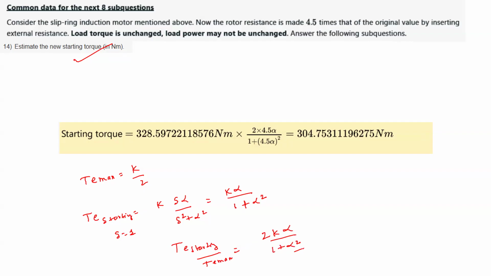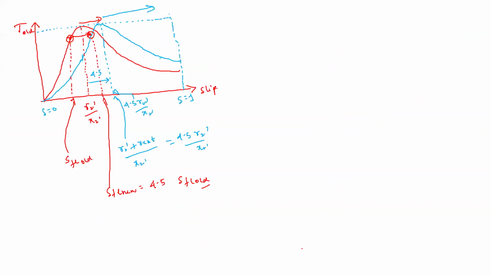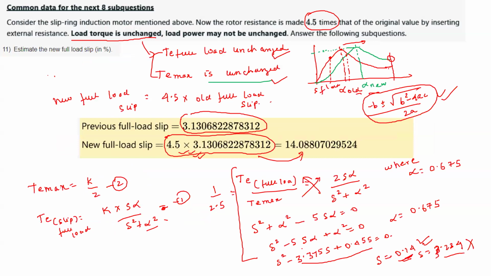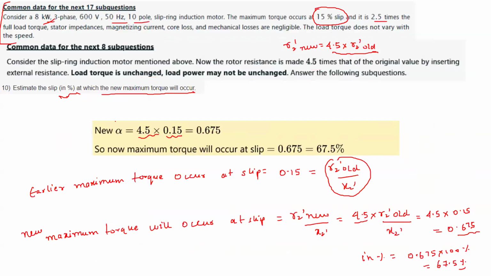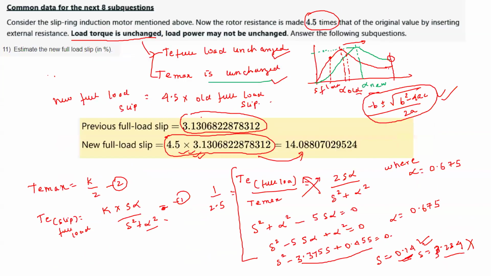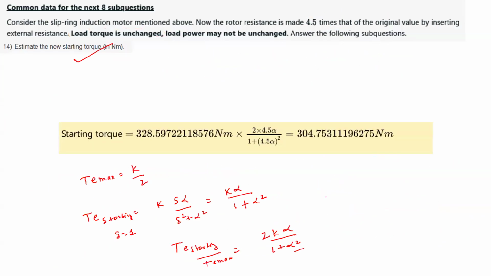And remember, this alpha is different from the previous alpha. This new alpha is 0.675. So you have to take 0.675 for this. K is cancelled, of course. So you get 2 into 0.675 by 1 plus 0.675 square.